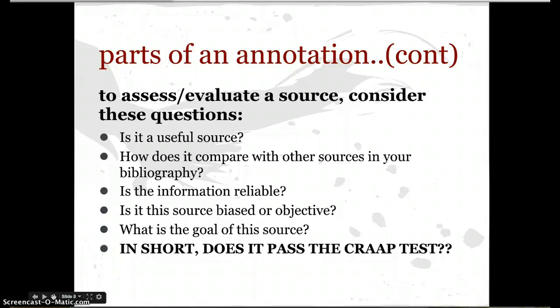Also, is the information reliable? And how do you know that? That's something that you can discuss in this section of your annotation. In addition, is this source biased or objective? This is probably one of the most important things to talk about in terms of our school-wide rubric. We have to look, is it an objective source? If it's biased, we have to acknowledge that bias and look for the weaknesses in that argument based on that bias.